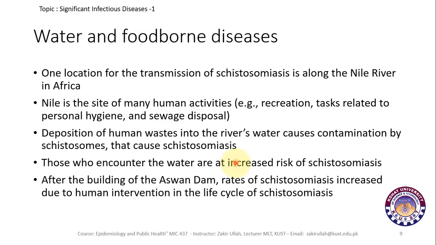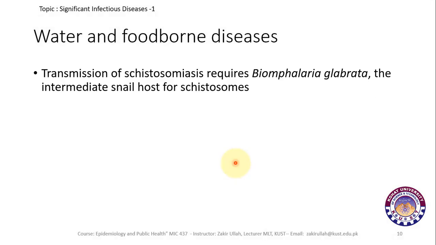And after the building of the dam, which is called the Aswan Dam, the cases and rates of schistosomiasis increased due to the human intervention in the life cycle of schistosomiasis. The transmission of schistosomiasis requires an intermediate snail called Biomphalaria glabrata.